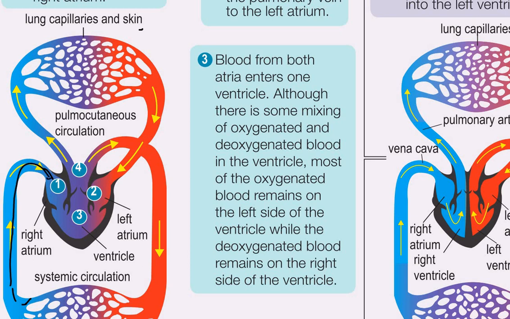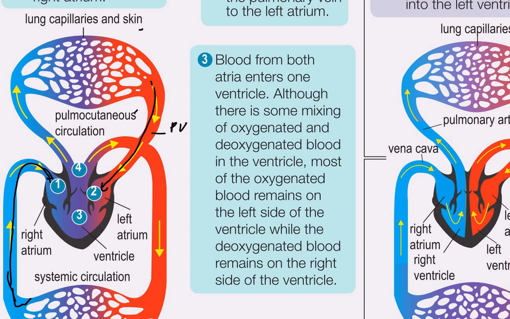That means here there is a lot of carbon dioxide, so it is known as deoxygenated blood, because it comes from the cells. The cells produce carbon dioxide, so the carbon dioxide will diffuse to the capillaries and then be transferred back to the right atrium. At the same time, blood from the lung capillaries and skin, from the pulmocutaneous circulation, will enter the left atrium through the pulmonary vein.